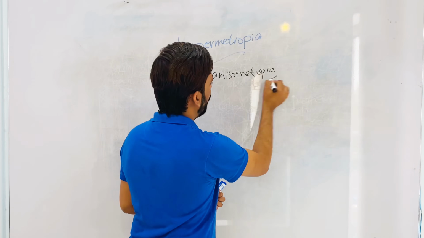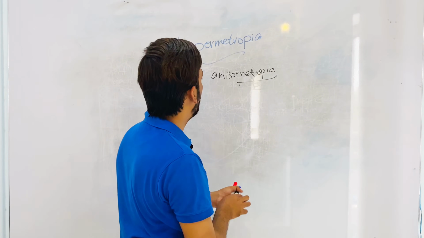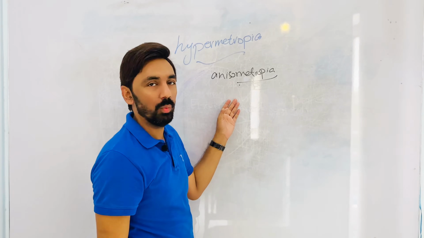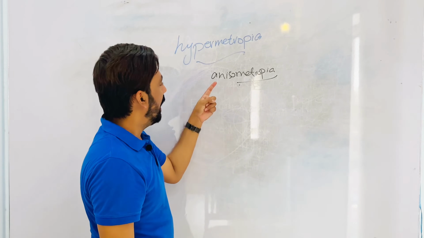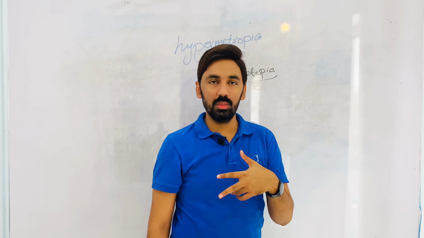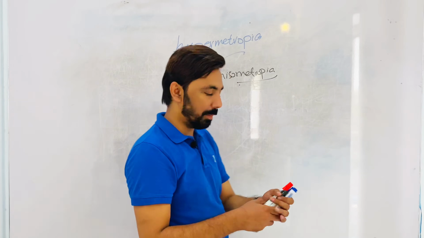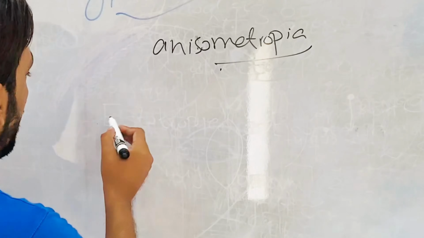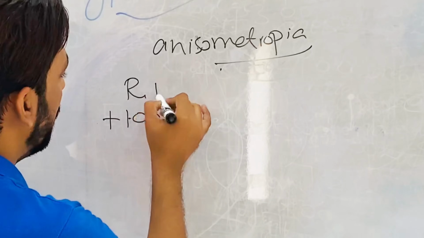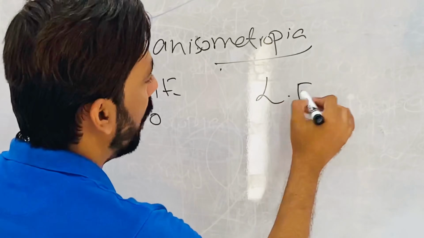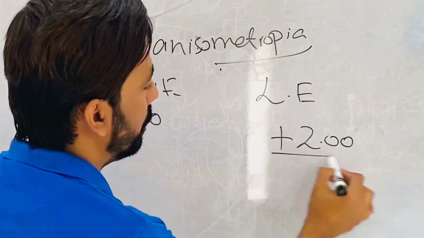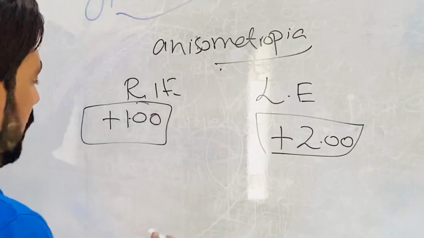So what is anisometropia? We have a detailed video on that as well. Anisometropia is the most critical thing to deal with, right? Anisometropia means we have different refraction in both eyes, unequal refraction. For example, in the right eye I have +1, and in the left eye I have +2.